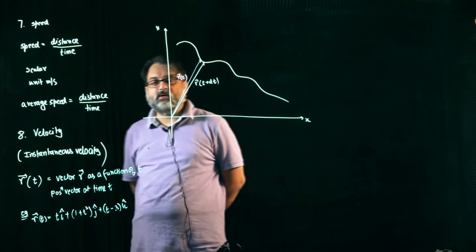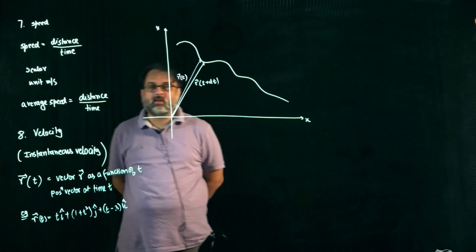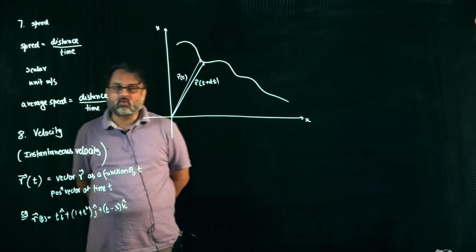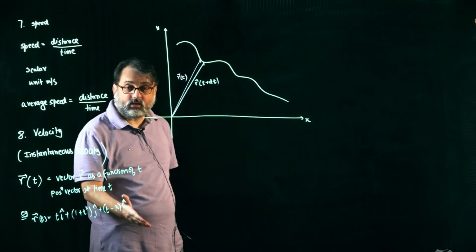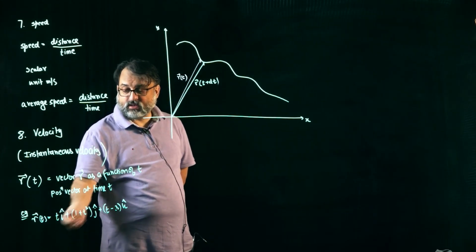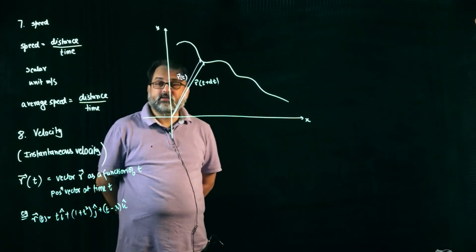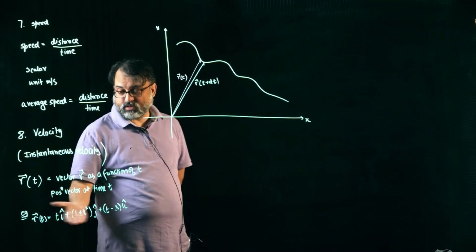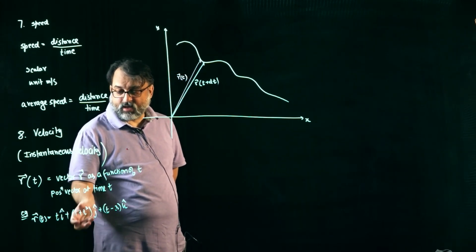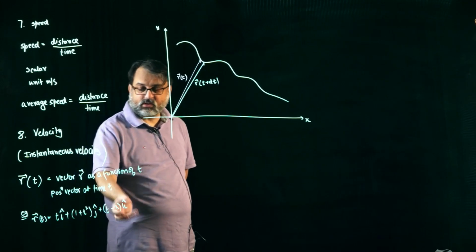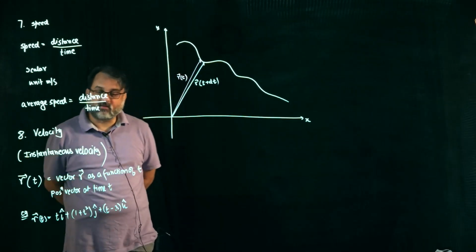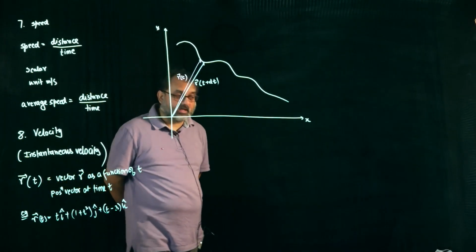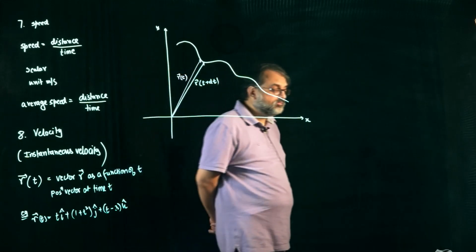So a vector function is nothing but an amalgamation of these two concepts. This is a vector quantity, yes, because it has i cap, j cap and k cap. It is a function, yes, because it has a variable, and algebraic expressions formed out of that particular variable, in this case t.